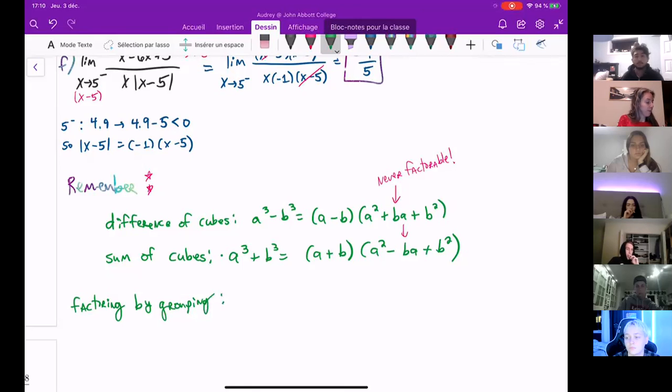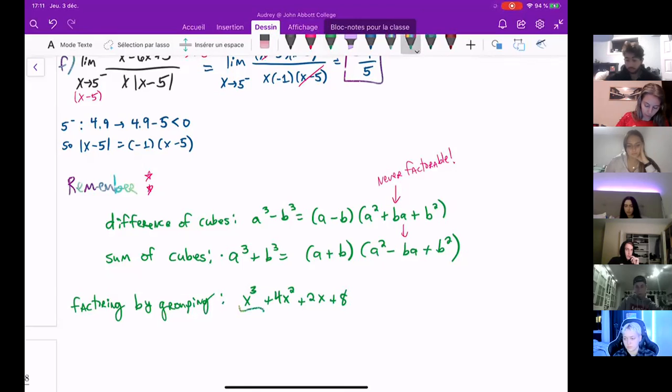So if we're factoring by grouping, we're just going to do an example because I think that's the best way. So I have x cubed plus 4x squared plus 2x plus 8. You guys remember how factoring by grouping works? You take the first 2, and then you factor those, and then take the second 2 and factor those. You got it.